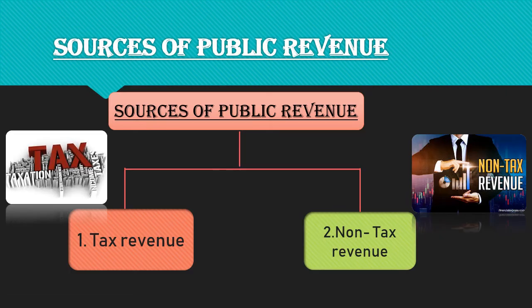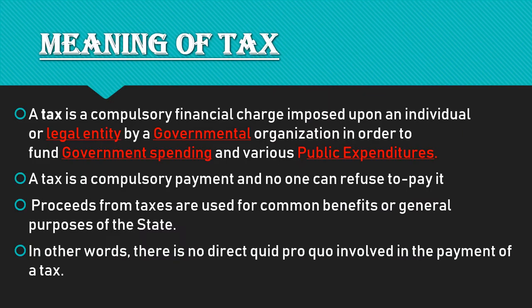So first, sources of public revenue. What are the means through which the government receives income? Basically, there are two categories, that is tax revenue and non-tax revenue. First of all, I will explain the meaning of tax.